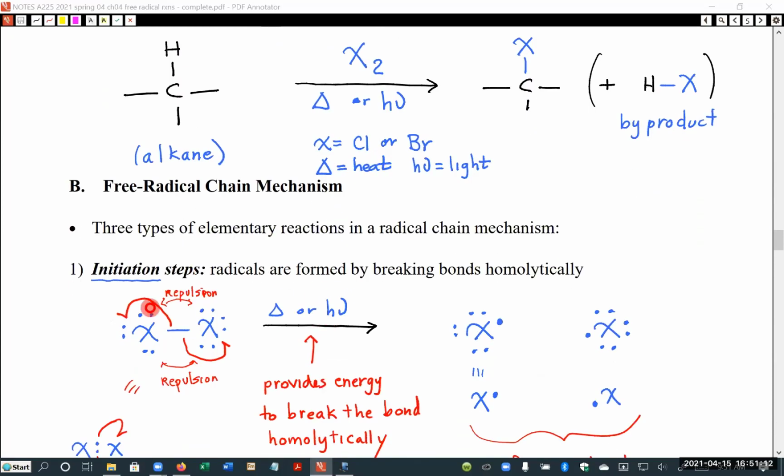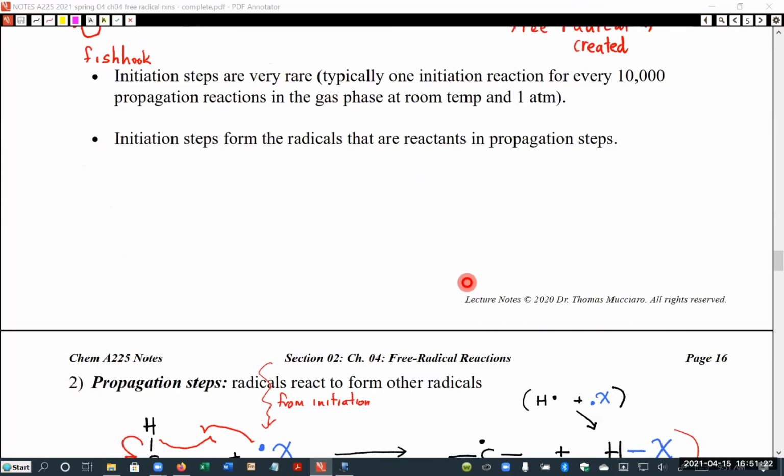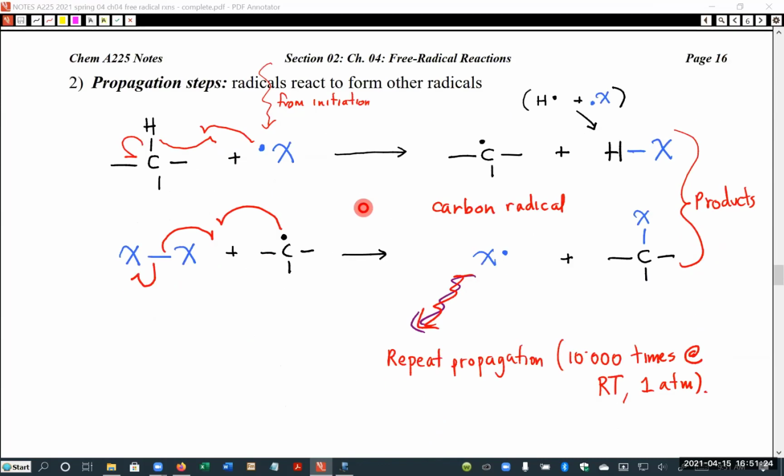So when we do our initiation step, we take one of the 100 halogens, we break it apart, and we still have 99 halogens left. That broken halogen then finds one of our 100 alkane reactants and reacts, leaving us with 99.